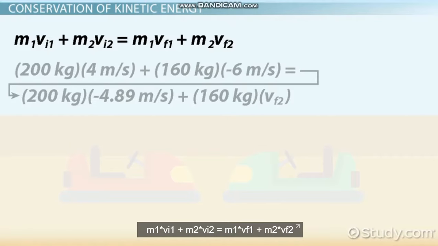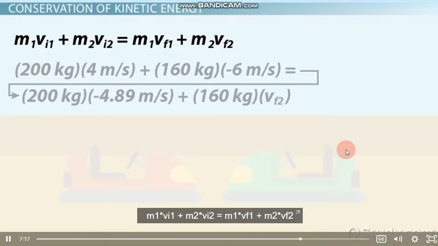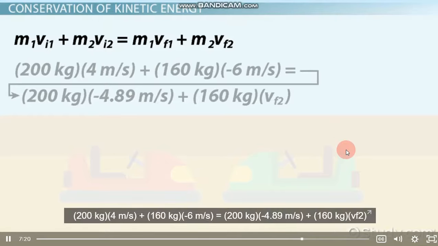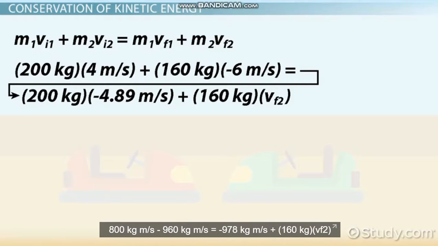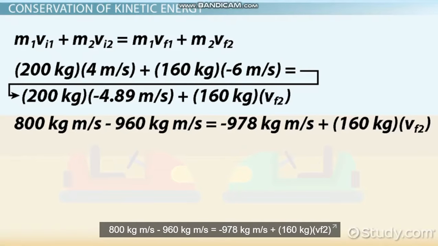M1 times VI1 plus M2 times VI2 equals M1 times VF1 plus M2 times VF2. 200 kilograms times 4 meters per second plus 160 kilograms times negative 6 meters per second equals 200 kilograms times negative 4.89 meters per second plus 160 kilograms times VF2. 800 kilogram meters per second minus 960 kilogram meters per second equals negative 978 kilogram meters per second plus 160 kilograms times VF2.